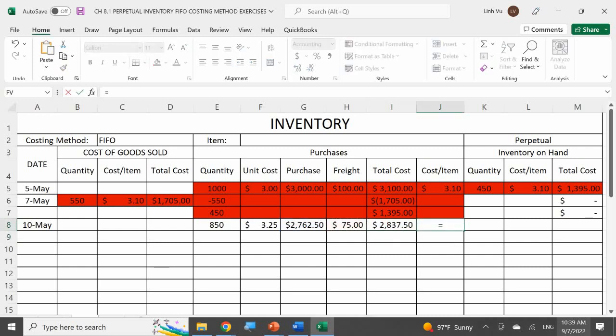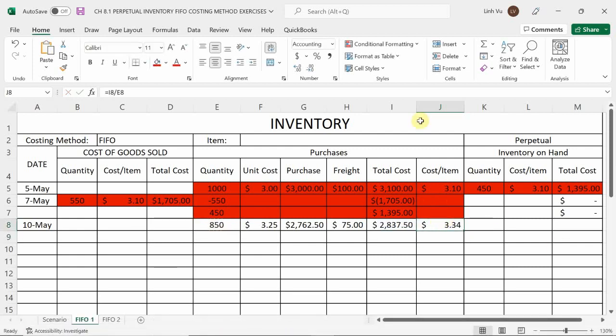So therefore, what should be my cost per item here? $3.34. Now let's double confirm that because again, that could be an unrounded number. So in this case, it's 3.33824. Okay? So that means we need to leave this unrounded and then we'll round on our cost of goods sold section.